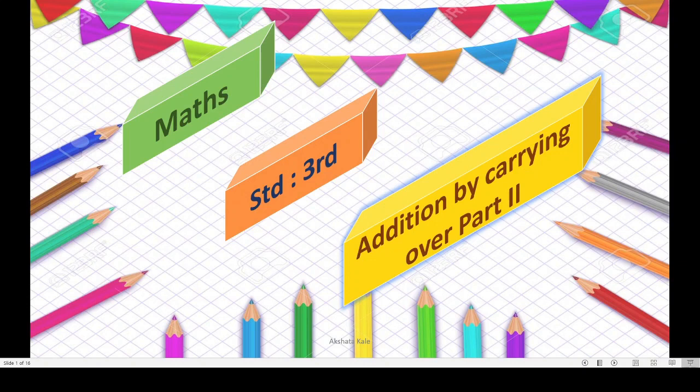We have solved so many examples on addition by carrying over, in vertical arrangement, means one number below the other number. Now we will take a quick recap of part number 1, and then we will proceed to part 2.